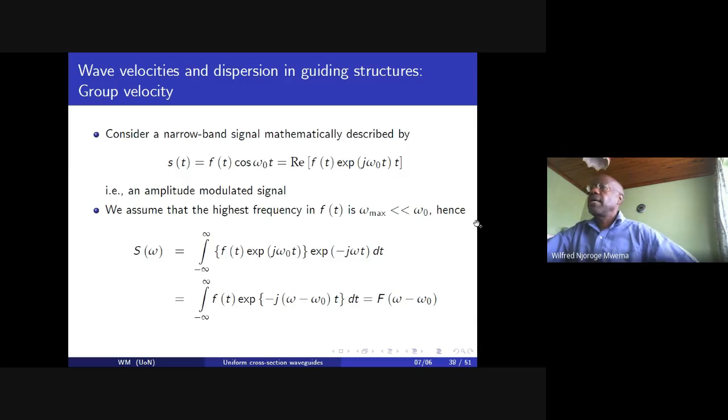Hence S(omega) is just going to be given by that Fourier transform, and we get F of omega minus omega naught, the frequency shifting property of Fourier transforms.